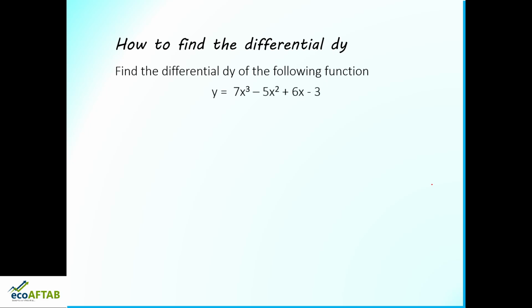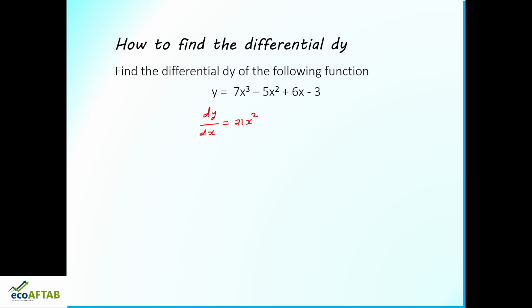So here I have taken a function, y is equal to 7x cube minus 5x square plus 6x minus 3. So we will differentiate this. Already I have taught you all how to differentiate. So dy by dx is equal to 3 into 7, 21, x as it is, 3 minus 1, that is 2.